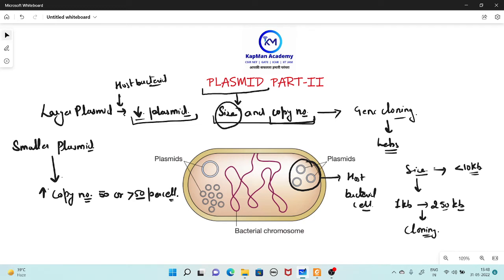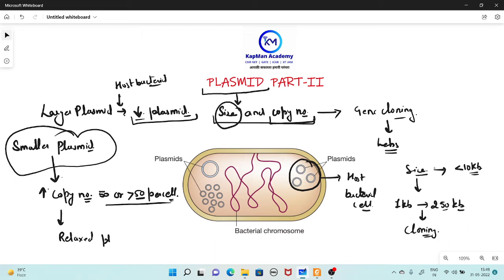In cloning, only these types of plasmids are useful because they have a higher copy number, and they can be exploited in recombinant DNA molecule production. These plasmids which contain a high copy number are also called relaxed plasmids.